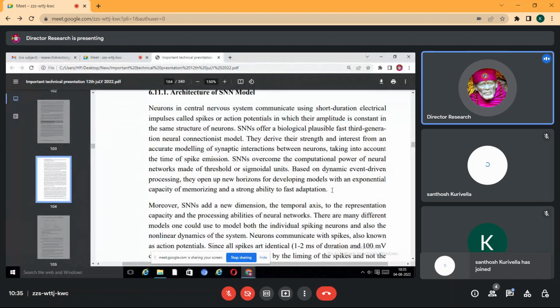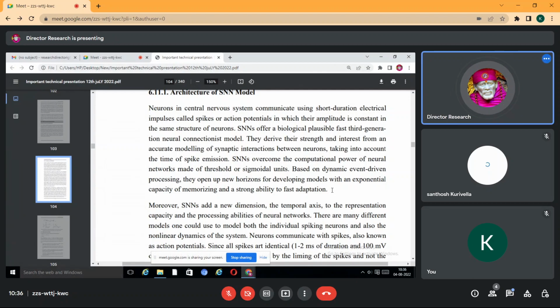They derive their strength and interest from an accurate modeling of synaptic interactions between neurons, taking into account the time of spike emission. They overcome the computational power of neural networks made of threshold or sigmoidal units, based on dynamics, event-driven processing.